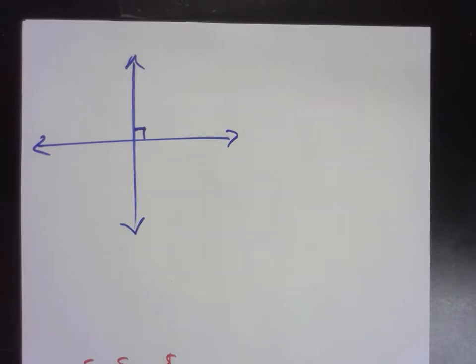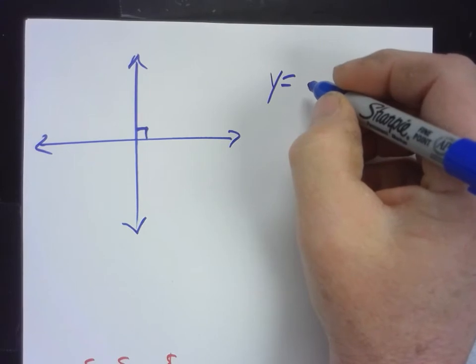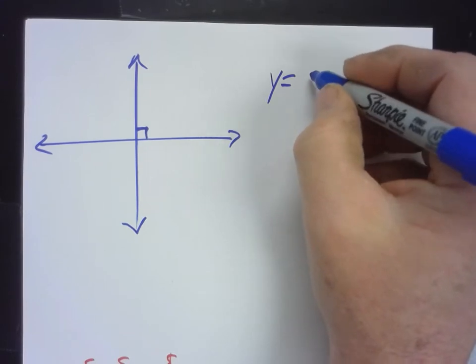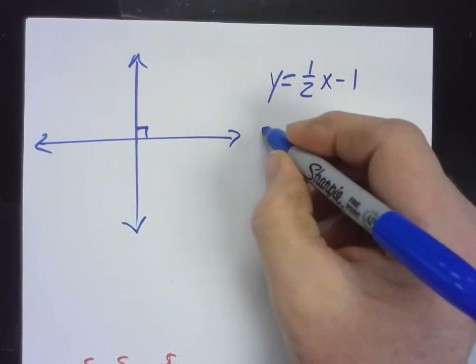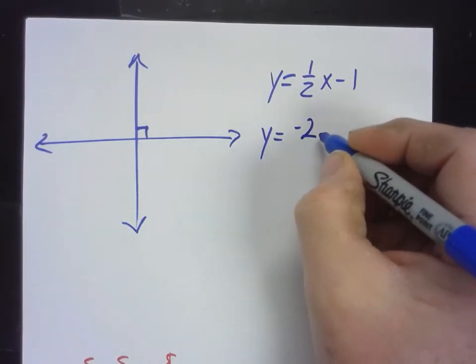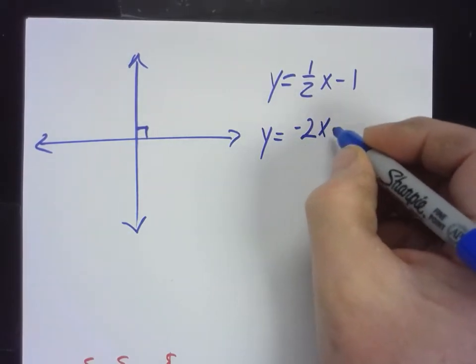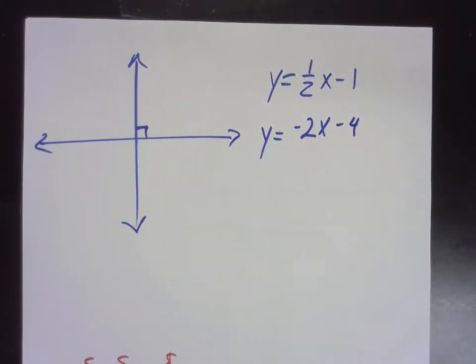Their slopes would be opposite. It would be opposite reciprocal. So like 1/2 x subtract 1, and the other one would have to be -2x, maybe subtract 4.